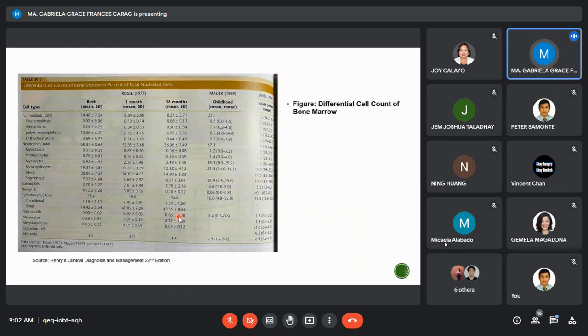So the table shown is a differential count po of a bone marrow po. Source po is Henry's po. Okay po. Can you elaborate?